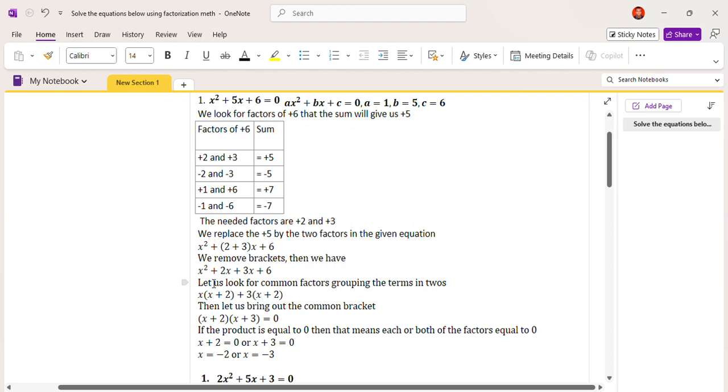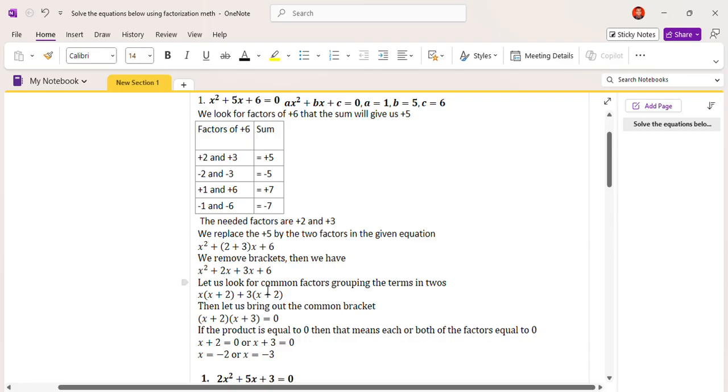Now we have x squared and plus 2x. Is there anything common between them? Yes, x is common, so we bring it out. Here we are left with x and here we are left with 2. Then also 3x plus 6, we have a common factor which is 3, so that's 3 bracket x plus 2.